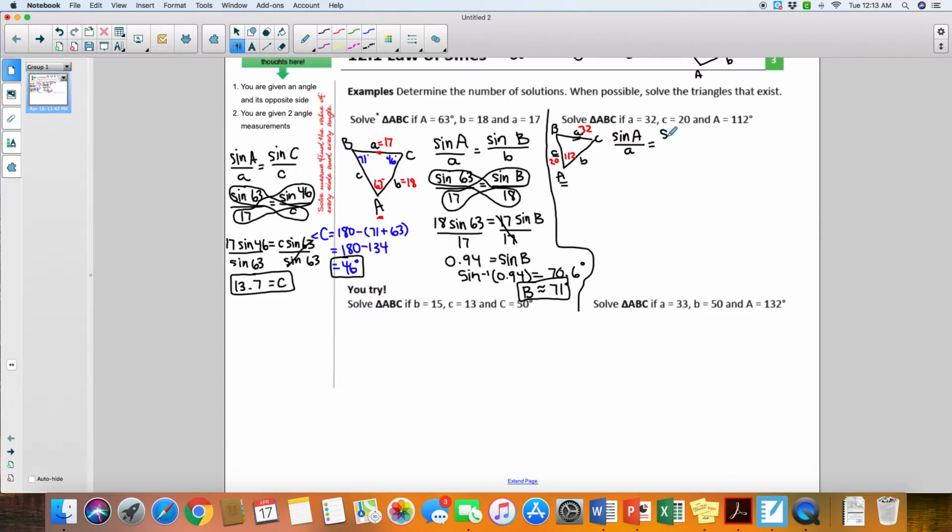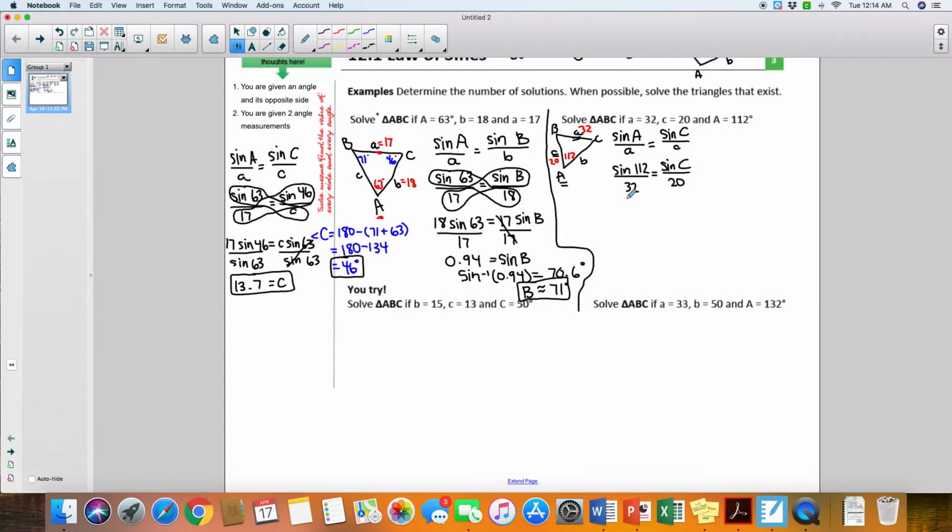So I'm going to use sine of C over little c. So big A is 112, and then little a is 32. C is unknown, so I would have sine of capital C, and then little c is 20. All right, so that takes care of my substitution.